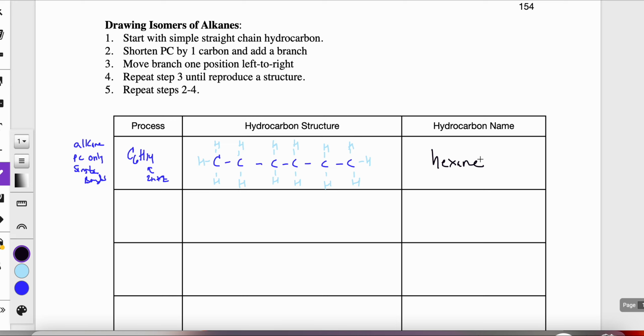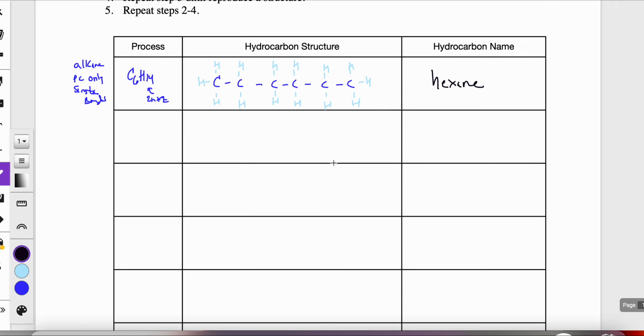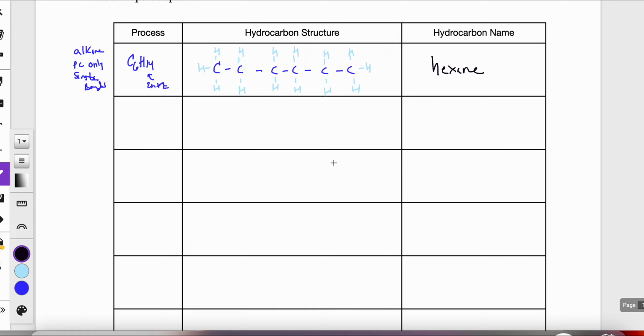So if you were given a test question that says draw 2 isomers for this molecular formula, draw the simplest one first, especially if it's just a hydrocarbon, the longest straight chain possibility. To get to a next possible isomer, you change the parent chain size. Decrease it by 1.